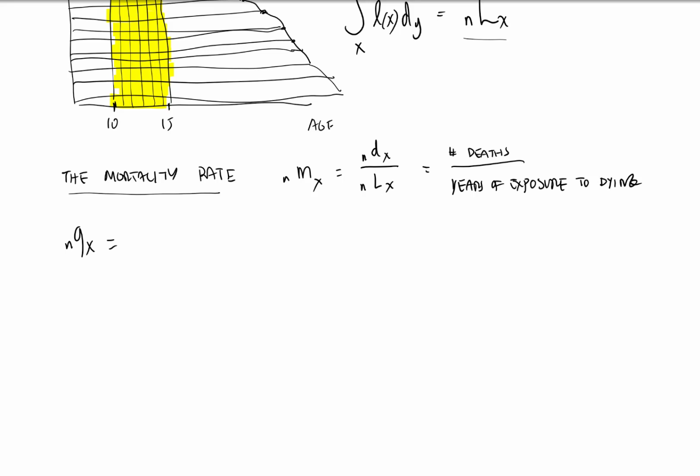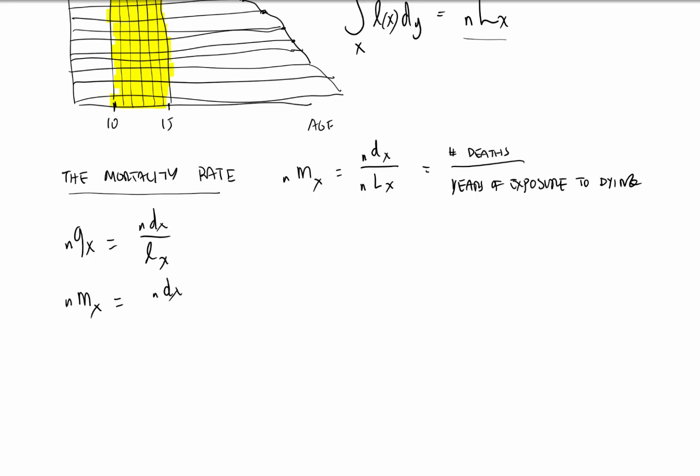nqx is our probability of dying. That is ndx divided by L of x. It's a point. It tells us the number of people dying in the n years following age x, given the population at risk, which is L of x. And then we have nmx, which is our mortality rate.